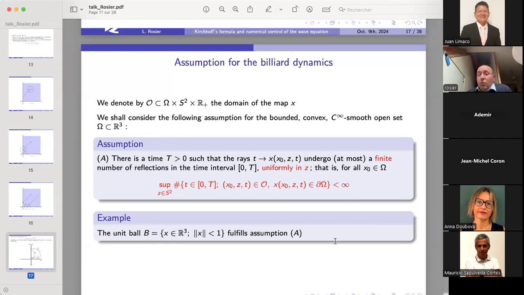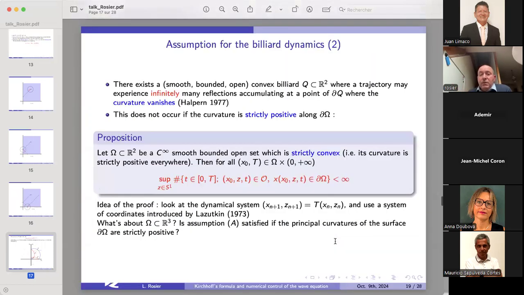If you look at the ball, you can prove it quite easily. The dynamics is in a plane, it's very easy to see that you have a finite number of reflections, and all the angles are the same. But in dimension 2, it was noticed by Alpern in 1977 that you could have infinitely many reflections close to a point where the curvature vanishes.